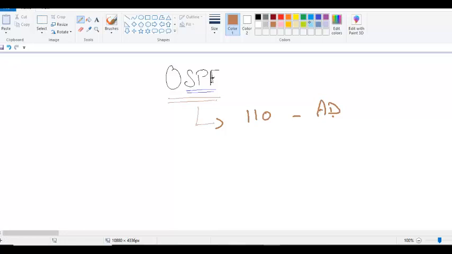Now this comes under a category called link state. Link state routing protocol. You see, EIGRP and RIP come under a category called distance vector. RIP is a distance vector protocol because it shows the distance and the direction.